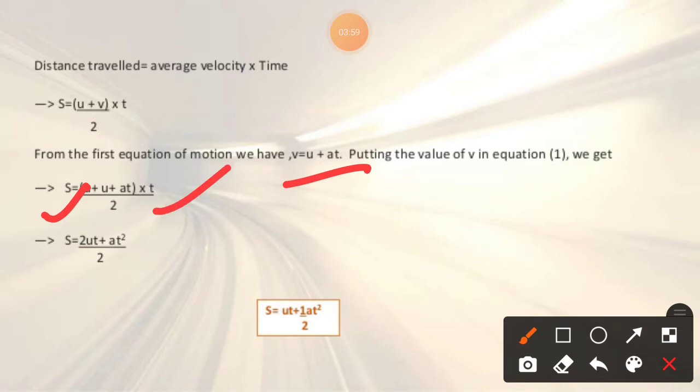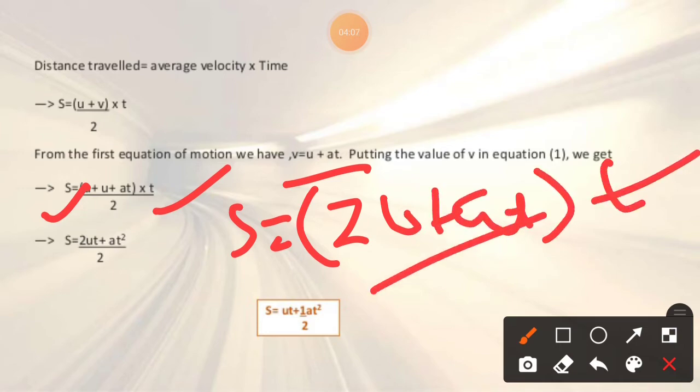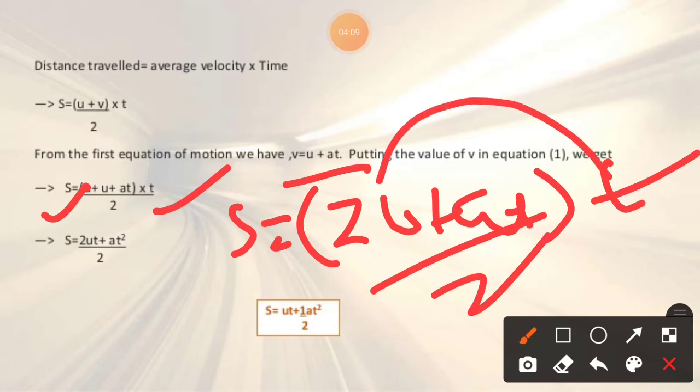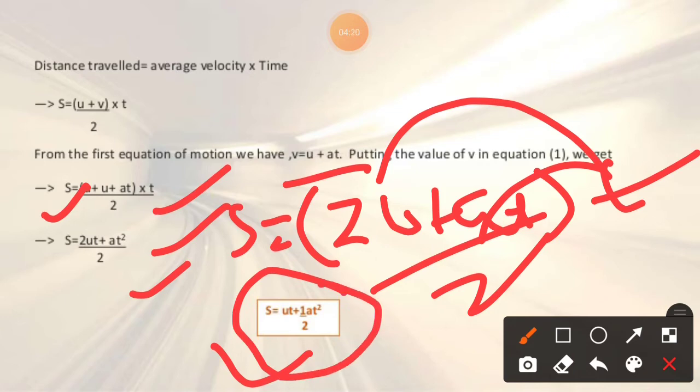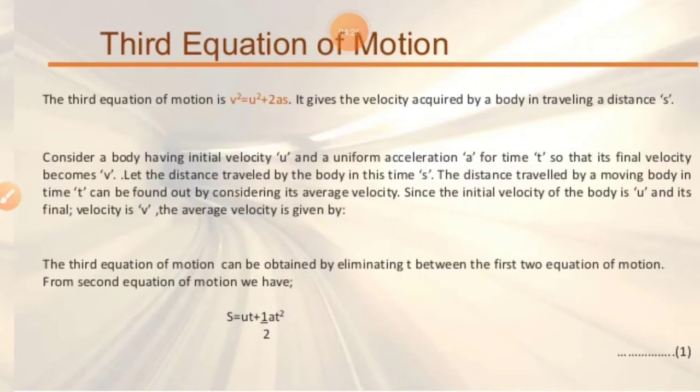Now multiplying by t, we get (2ut + at²)/2. Rearranging this equation, it becomes s = ut + (1/2)at². This is the second equation of motion.